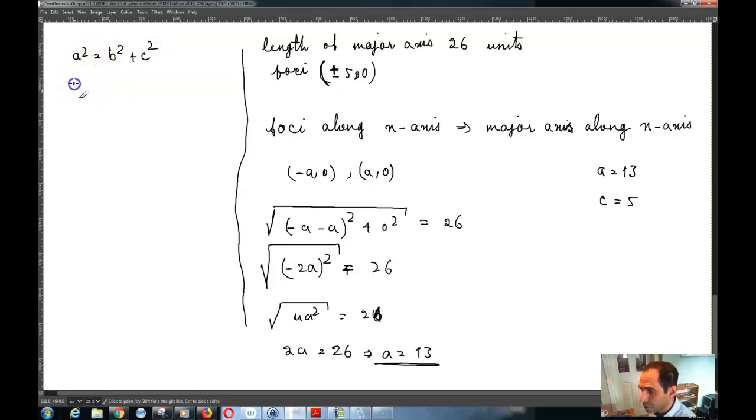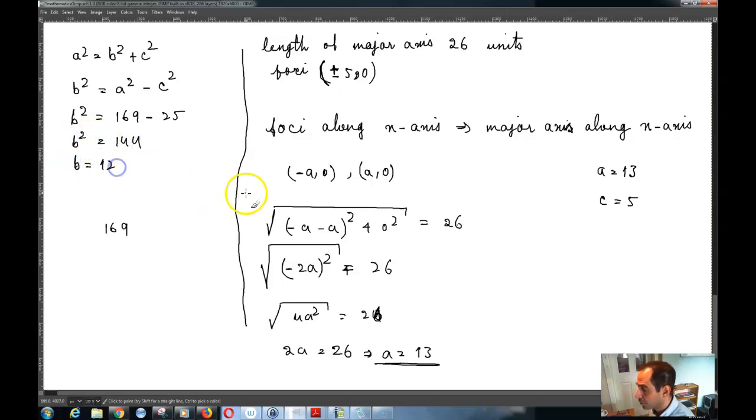So b squared is equal to a squared minus c squared, which is 169 minus 25, which is 144. So b is equal to 12.